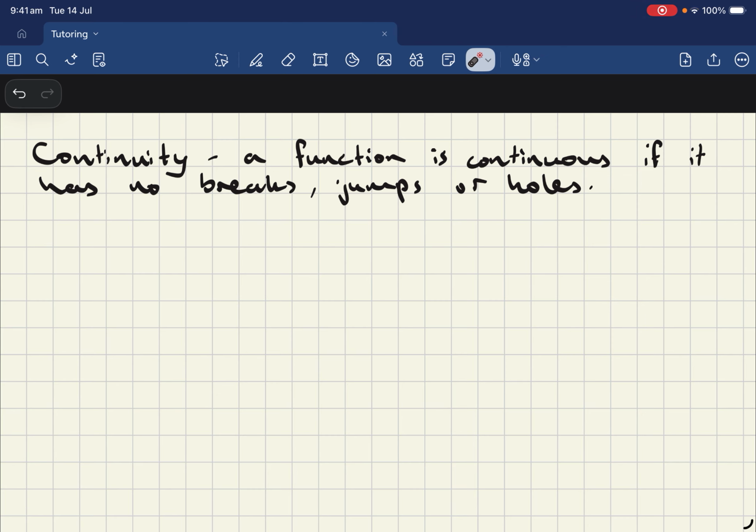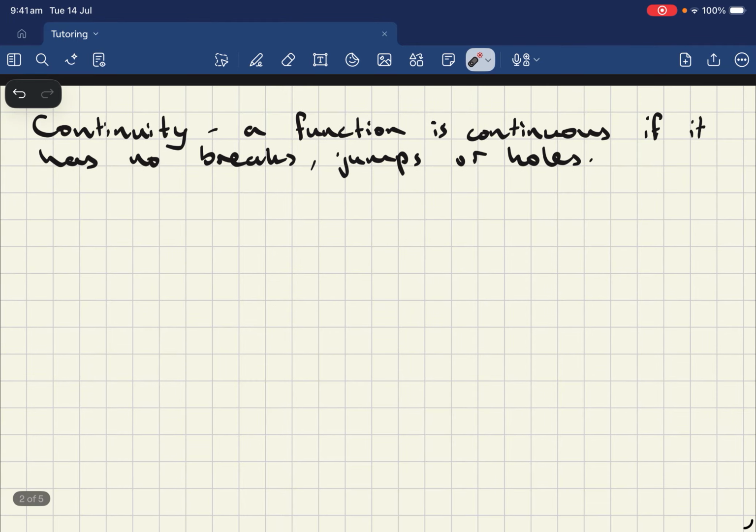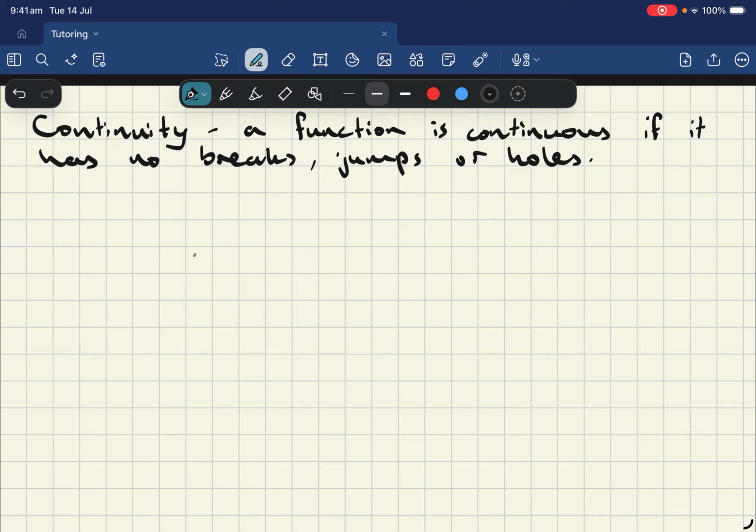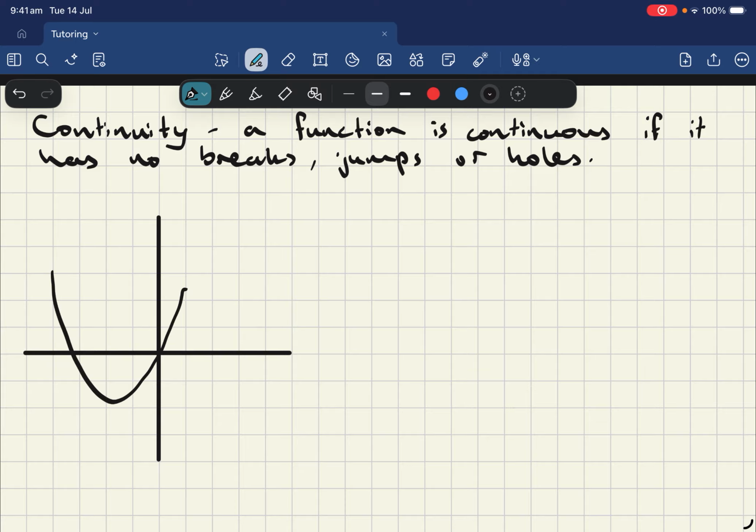Now, one more thing we're going to quickly talk about before ending this video is this idea of continuity. Now, a continuous function is one that has no breaks, jumps, or holes in it. What that basically means is our piecewise functions can look a whole bunch of different ways. We can have the initial one that we had drawn before, where it's, say, a quadratic, then a line, and maybe it goes like this again.